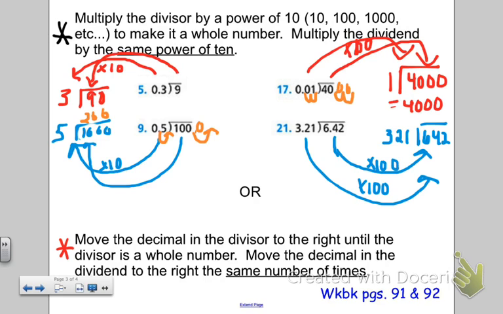Or if you want to think of it in terms of moving the decimal point, move the decimal point once, twice to the right, making it 321, once, twice to the right, making that 642. And 642 divided by 321 is going to give me 2.